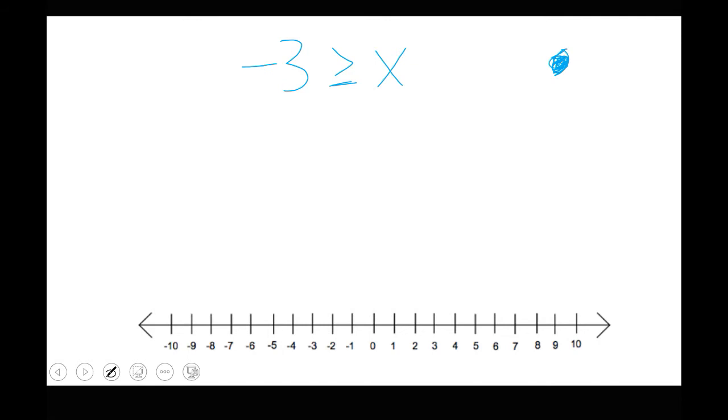So right now, the sign is greater than, but what I'm saying is that x is the smaller thing. X is smaller. So when I go to -3, it's a closed circle because it could be -3, and then it has to be everything smaller. Smaller numbers are always to the left, so we go to the left.